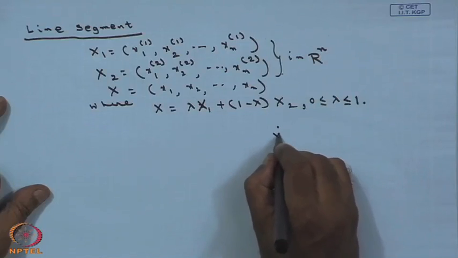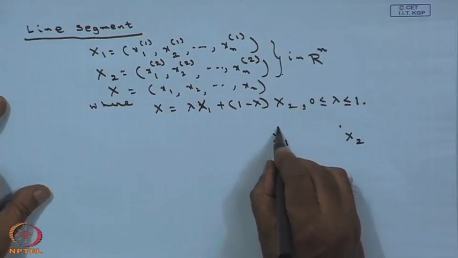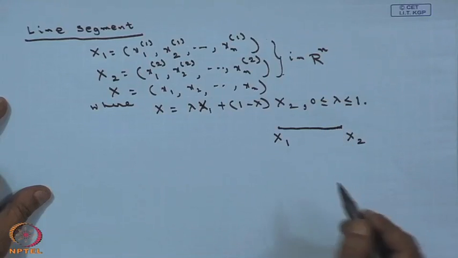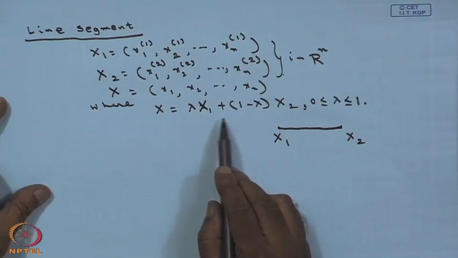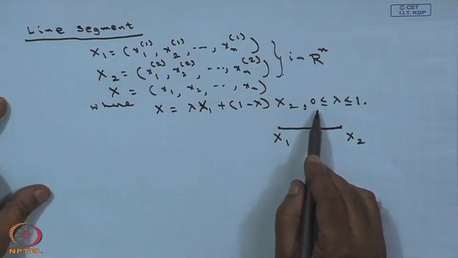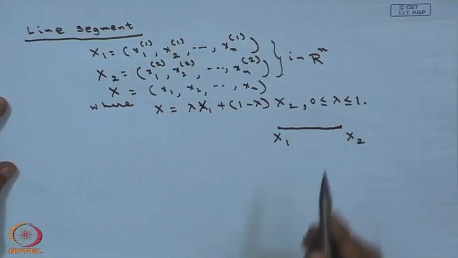So, if you have a point x1 here and a point x2 here, the line segment joining them, which satisfies this property x equals lambda x1 plus (1 minus lambda) x2, 0 less than or equal to lambda less than or equal to 1, we call it the line segment.